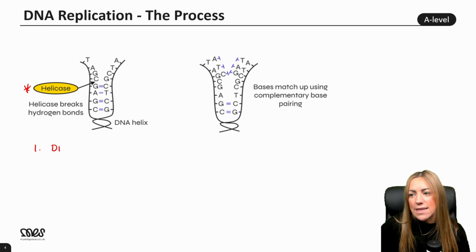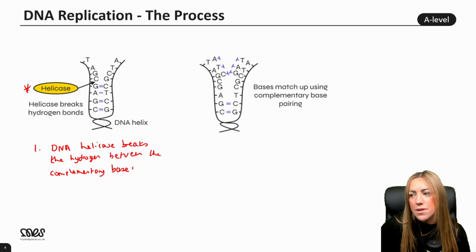We can say that DNA helicase breaks the hydrogen bonds, but we're going to add on between the complementary bases, so we're telling the examiner where those hydrogen bonds are.